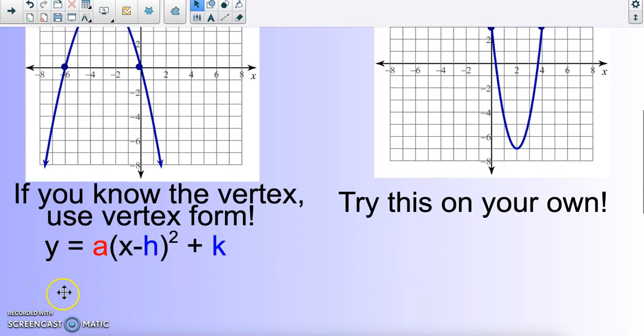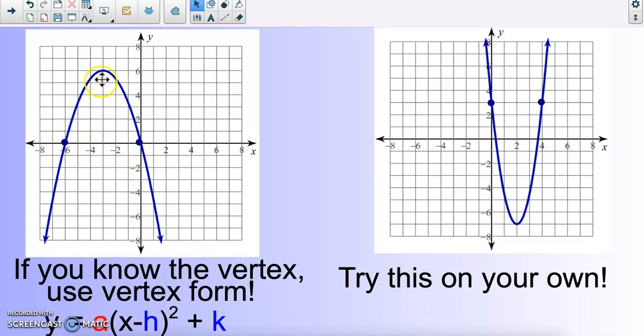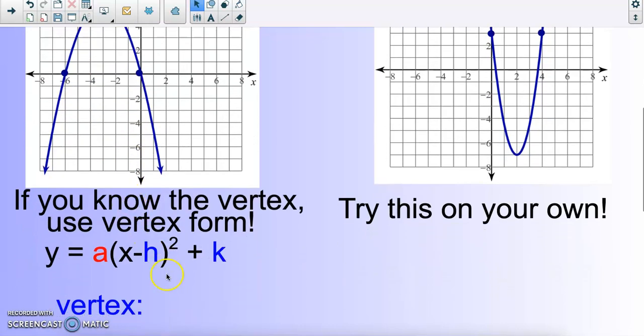I have this generic y equals here. Where is it? It's right here. Well, first of all, we know the vertex. Where's the vertex? -3, 6. The vertex is at -3, 6. And that's going to give me the h and the k. But what I don't know is the a.